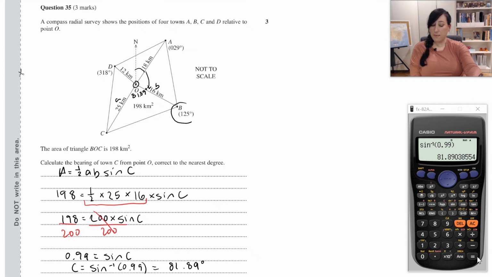We know that point B is at a bearing of 125 degrees from point O. And then if the angle from B to C is 81.89, we can just add that to the bearing of B to get the bearing of C. So we'll add 125 to what we got to get 206.89 degrees. We'll write what we did.